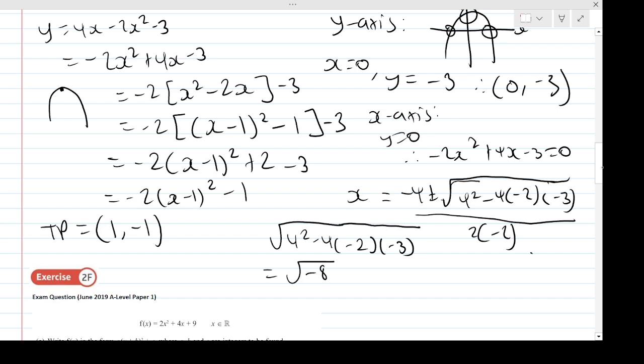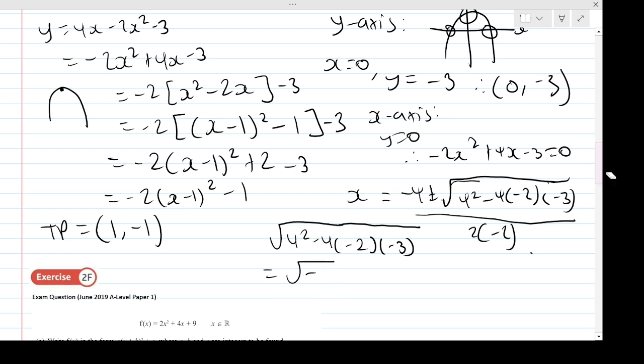But hang on a minute, you can't have a square root of a negative, because it violates the idea that two negatives multiply together to get a positive. Two negatives have to multiply to get a positive, but this is saying a number squared gives a negative result, which is nonsensical. So that tells you there are no solutions.